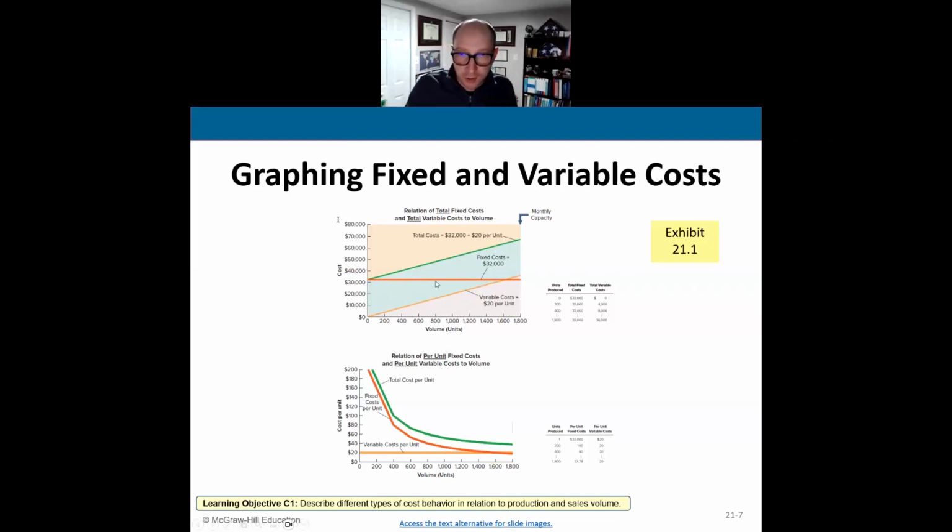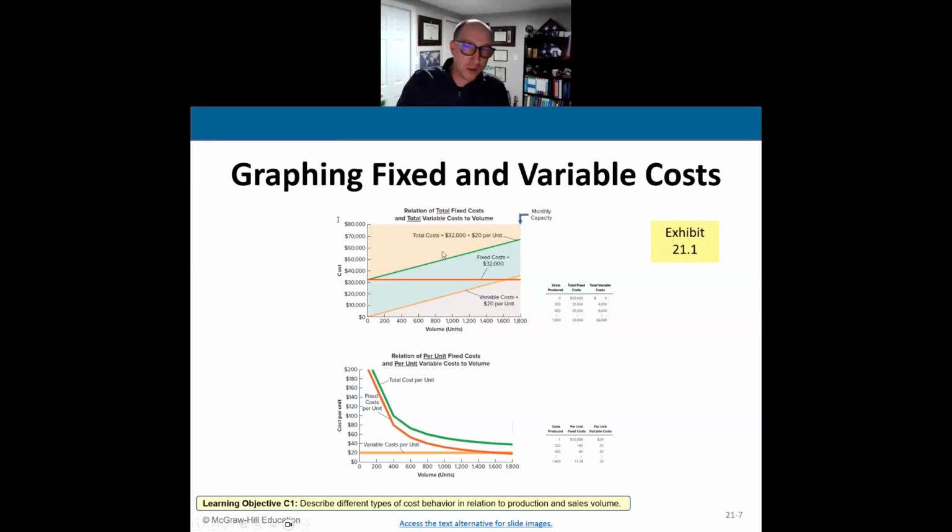This flat line here says fixed cost $32,000. That's my fixed costs for this month. For the month, my total fixed costs are $32,000. That includes my rent, my insurance, my car loan, my manager's salary. Then we have our variable costs.